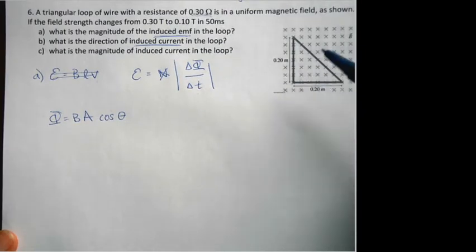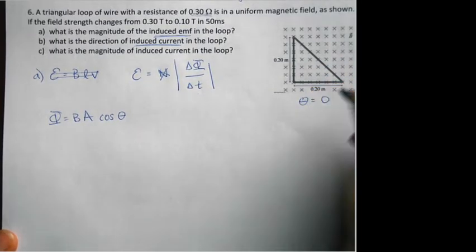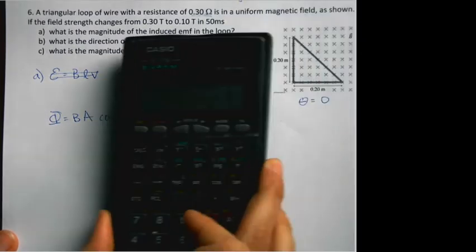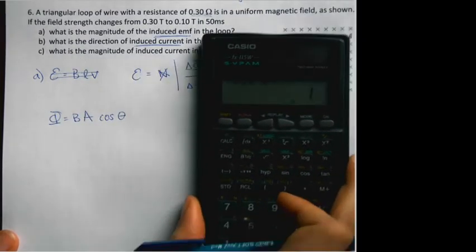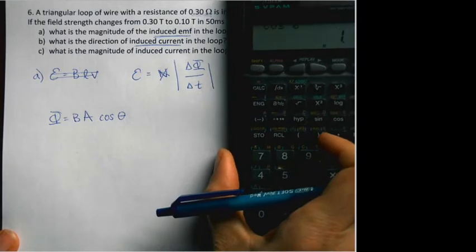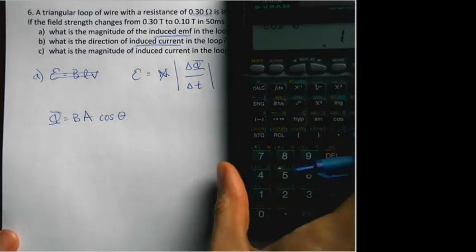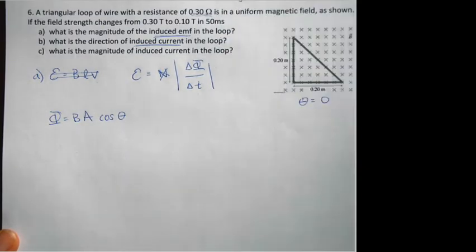Both of them point straight in and out of the page, so theta equals 0. And just to prove that it's true, I just plugged cosine of 0 into my calculator and it equals 1. So you can give that a try if you want.